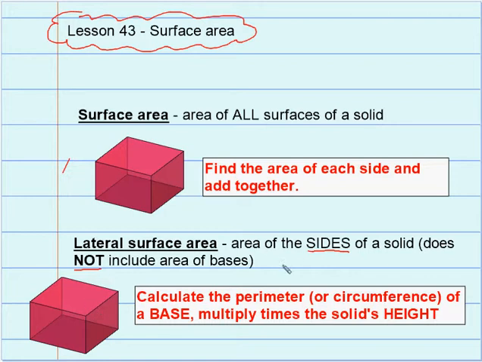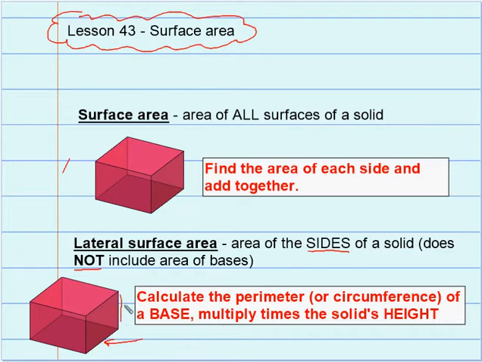In order to find the lateral surface area, it's really easy to do if you follow this formula. You calculate the perimeter or the circumference of a base. So you would find the perimeter of this dark shaded area here, and you would multiply it times the solid's height.